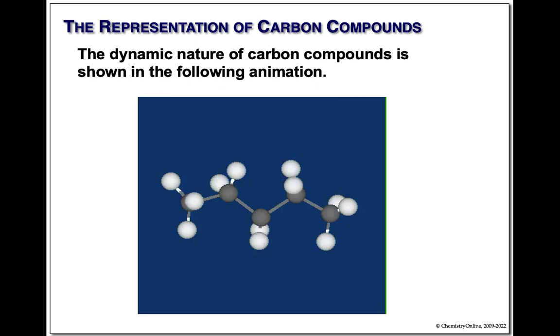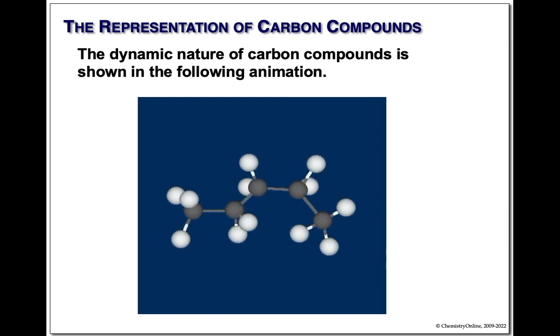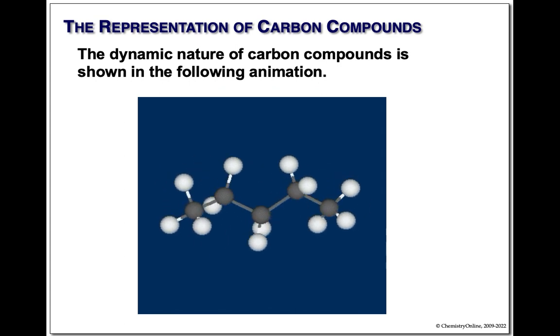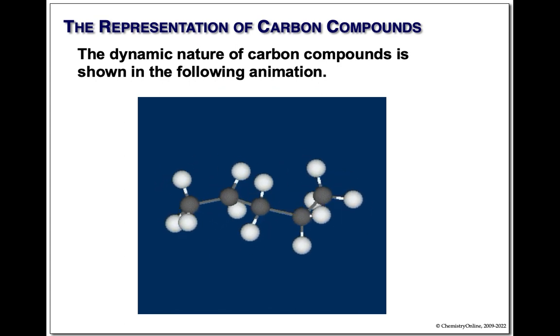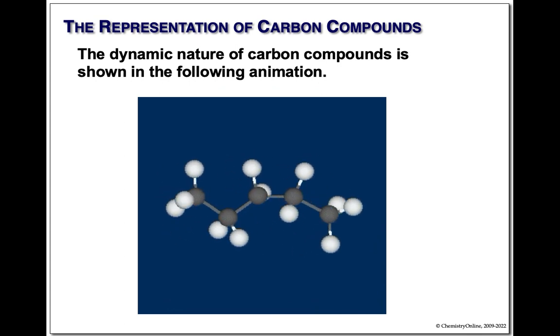This is an example. It's a little animation. Not great, but here we have 5 carbons in a chain, and I turned on dynamics. As you can see, this molecule rearranges itself in space constantly. So any of those conformations you draw are the same.